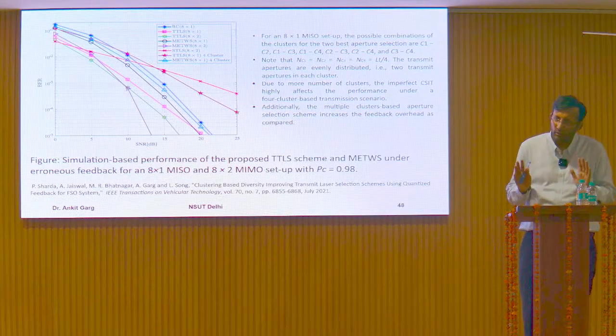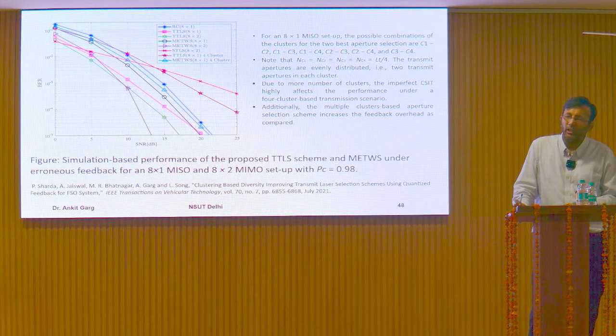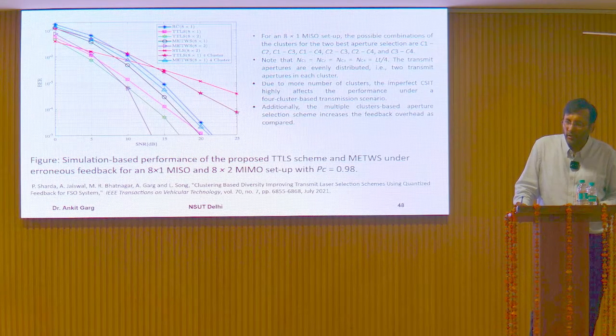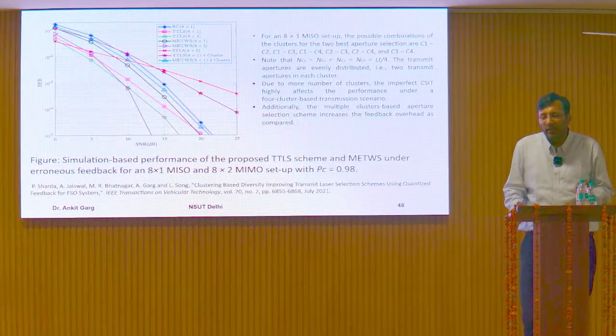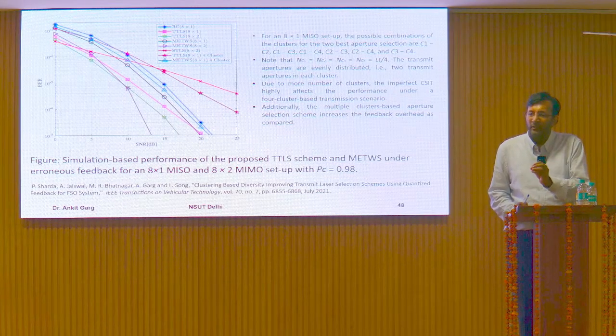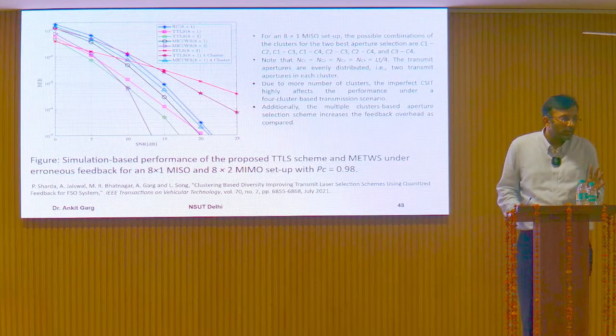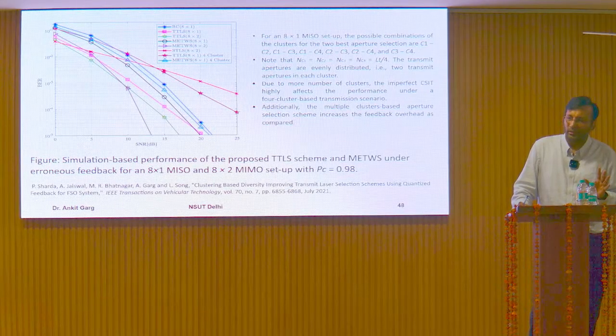That is the first conclusion point. Second, in case of erroneous feedback, selecting a single transmit antenna is not a good option. Third, to enhance the diversity order in case of error, we can select two best antennas, provided the number of feedback bits would get increased.